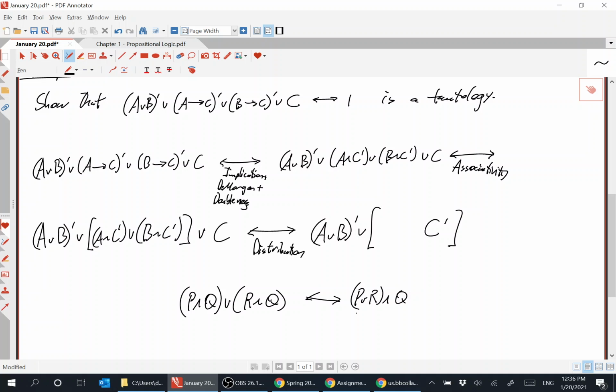I'm factoring out the Q. In this case, the Q is C naught. So how's it going to look here? A or B, parentheses, and C naught.